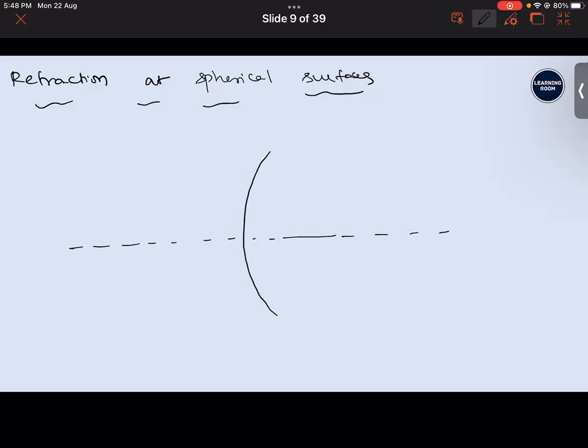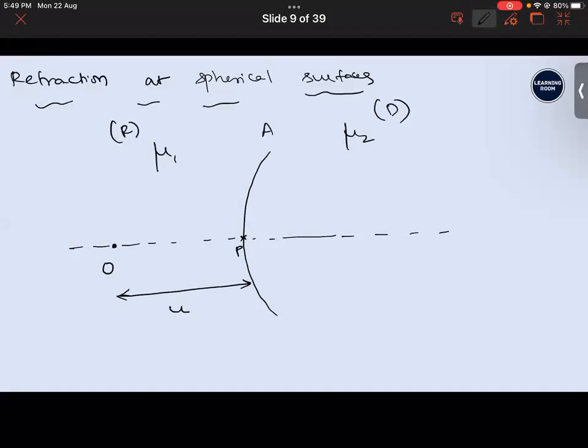Okay. Now what I'm going to do is place an object. So it is up to me, I'll say the left hand side medium's refractive index is mu1 and the right hand side medium's refractive index is mu2. If I take this as P, then this distance is U. Is it clear? So let me call this rarer and this denser.